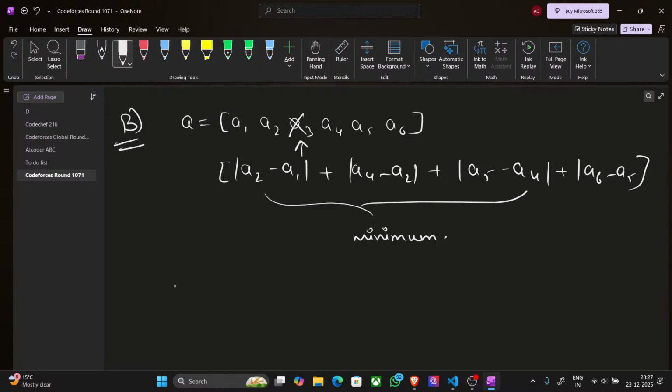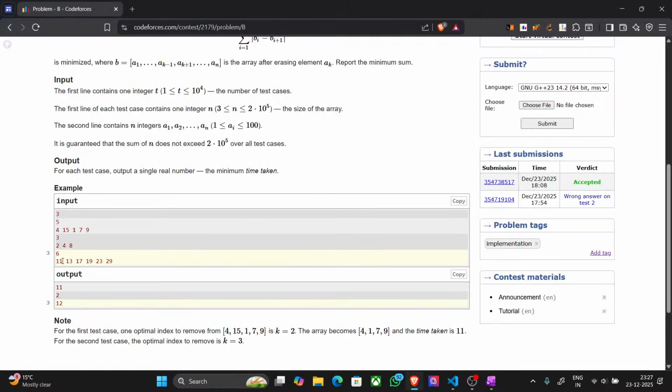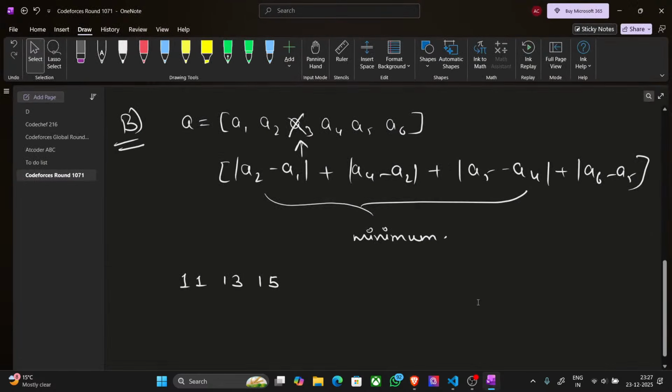And let's take the example 11, 13, 17, 19, 23, 29.